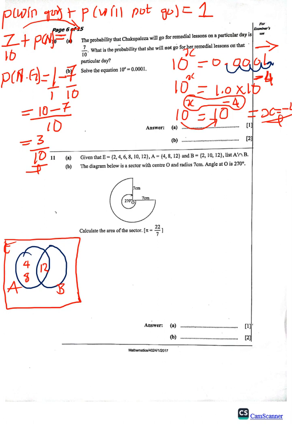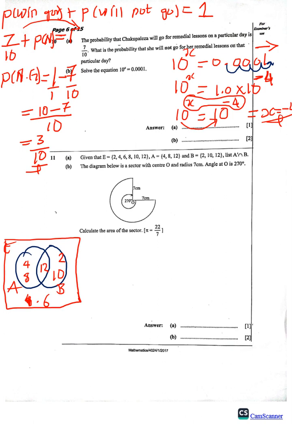Then our B, 2, 10. So we are going to have 4 on the outside, 6, 8 is written, 10 is written, okay, 6.